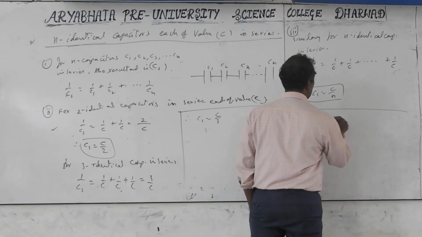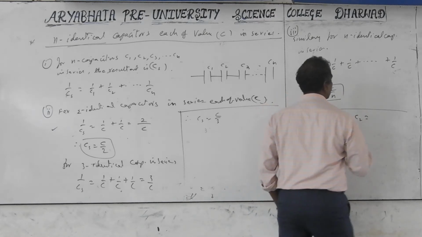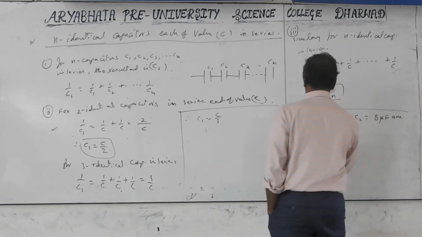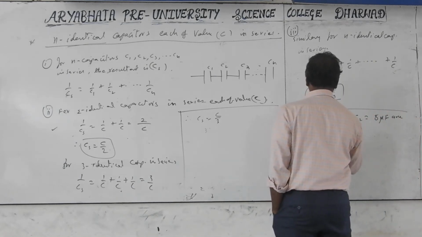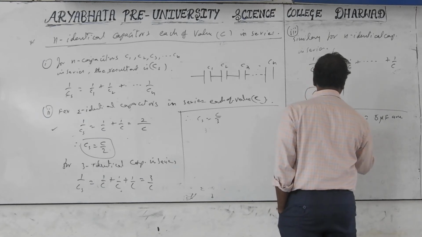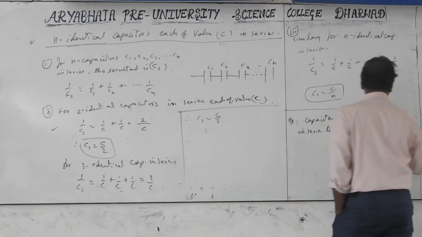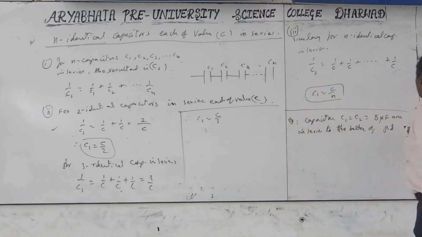Capacitors C1 equal to C equal to 8 microfarads, in series to a battery of potential difference V equal to 10 volts.